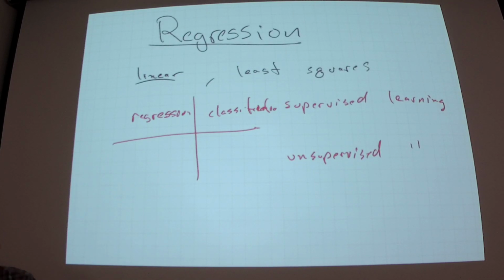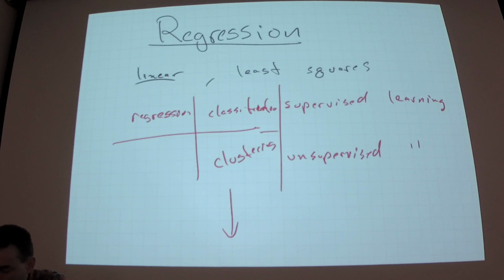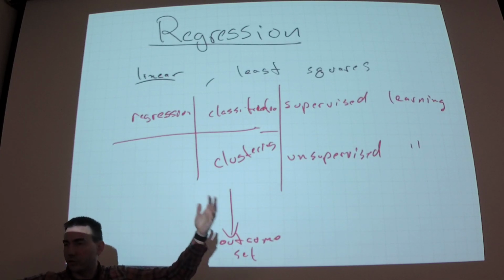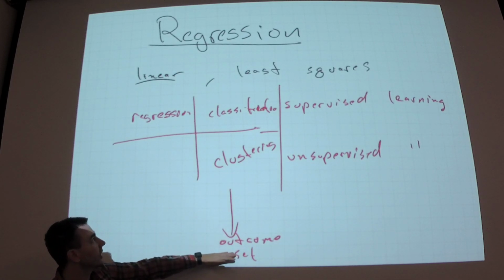Regression also fits in here. In these two, the outcome is going to be a set. I'm getting a data point, and in a cluster I say it's in one of the 3 clusters I found. It's in one of these sets.